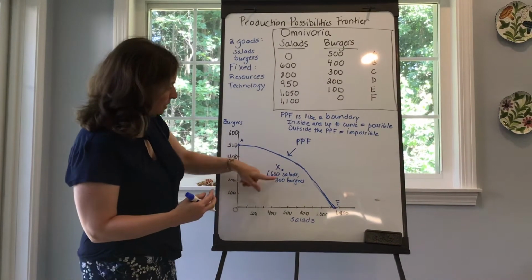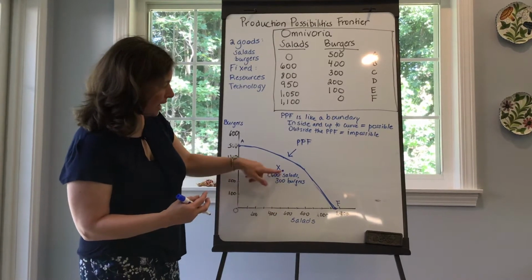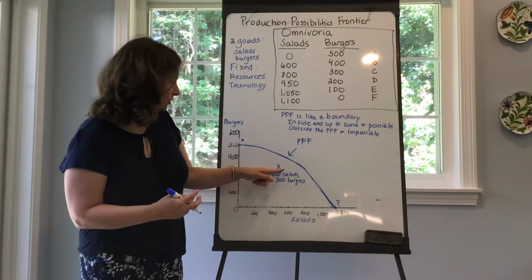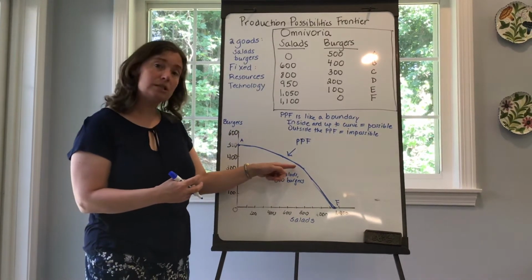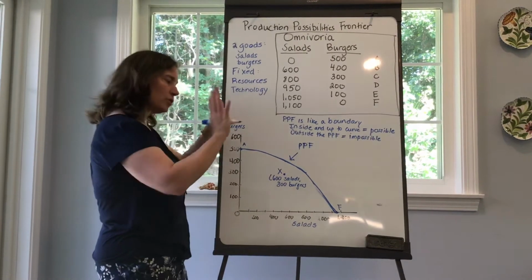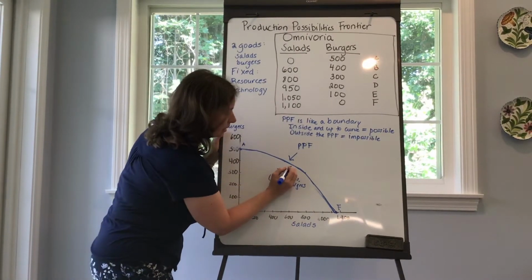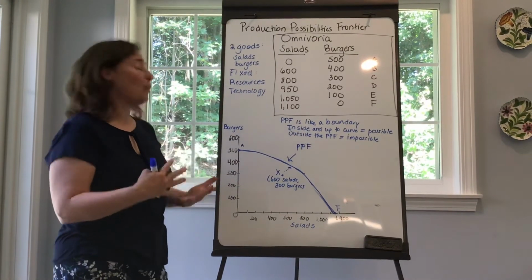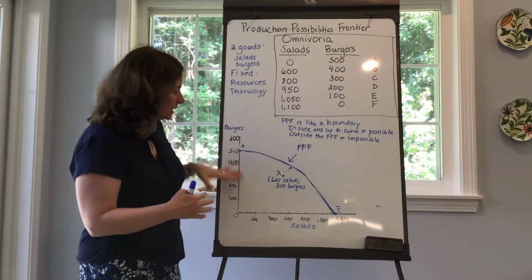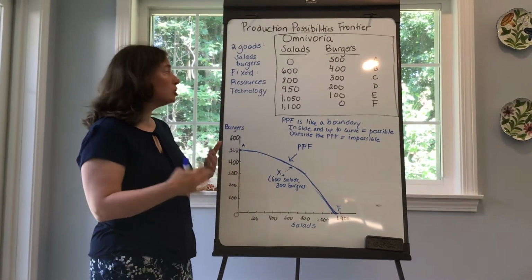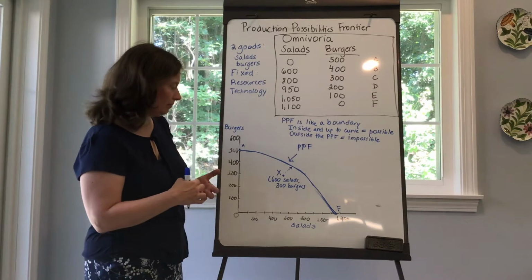It could continue to produce 600 salads, but increase its production of burgers, or it could hold steady at 300 burgers and increase its production of salads, or it could move what we sometimes say northeast and produce more of both foods, or both menu items. So what we see is if we're inside the frontier, we're not using our resources efficiently.